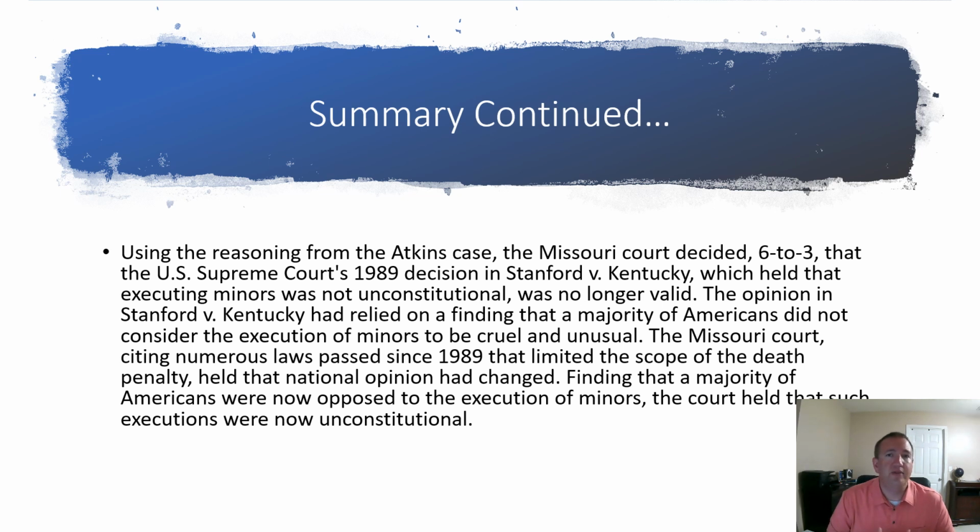Now, keep in mind, this is a state Supreme Court overturning a decision of a U.S. federal court, the highest court in the land. That just doesn't seem right. There's a hierarchy system when it comes to the courts. So the state court is overruling the decision of the federal court.